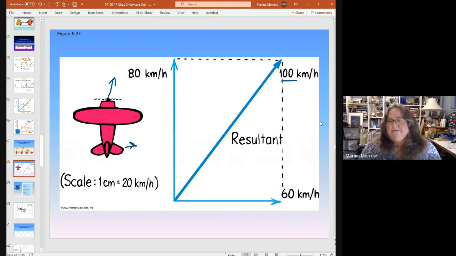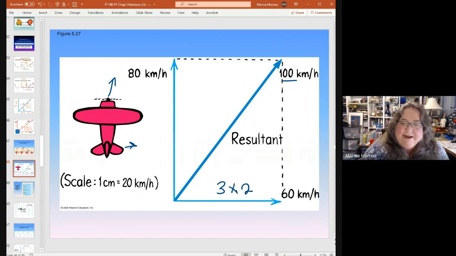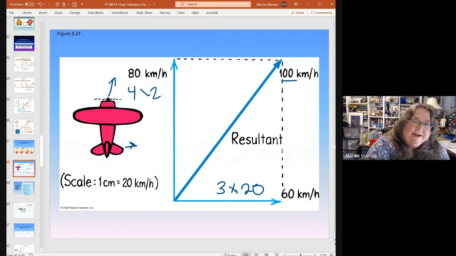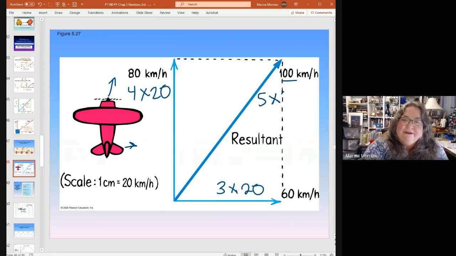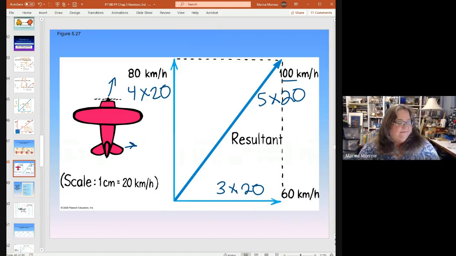This one is 60, which would be 3 times 20. This is 80, which is 4 times 20. And so our final answer would be 5 times 20, or 100. So watch out for those sneaky 3, 4, 5 triangles. You'll see a couple of them in your homeworks and maybe on a test.